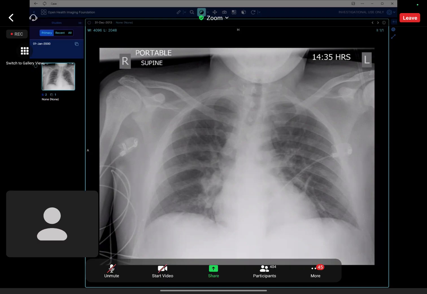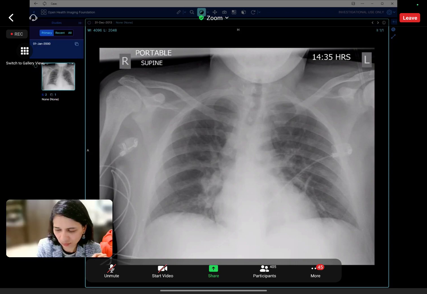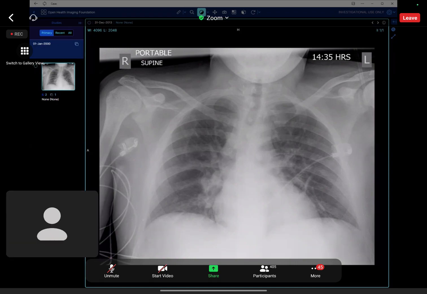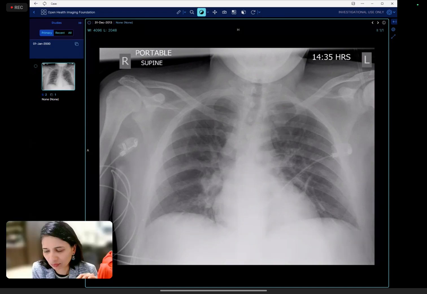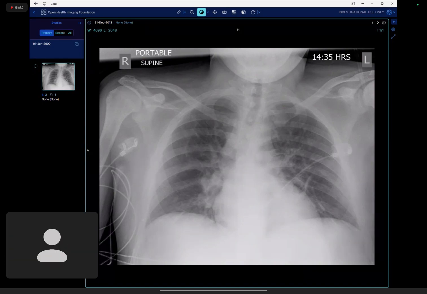I can see some bulky, fluffy increased appearance of the hilum, more so on the right mid to lower zone, the paracardiac region. I'm just having a look at the lungs on the other side. I cannot appreciate any collapse or consolidation.